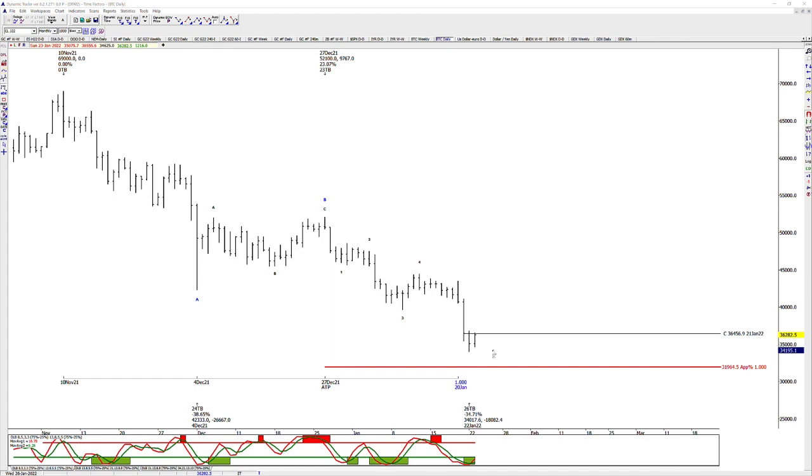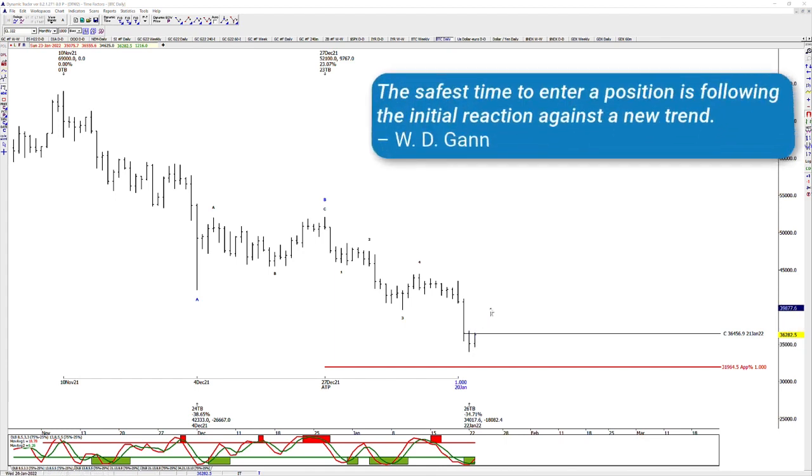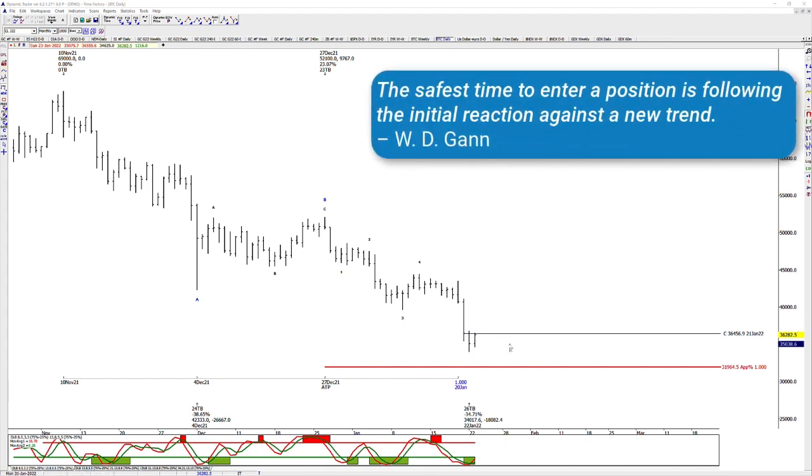If all the technicals are in position, the safer setup would be that Gann setup, and the safest time to buy is on the initial correction against the new trend. So again, if we get this reversal and a higher close, we'd wait for the next cycle in the daily momentum to make a bull reversal and then go long.